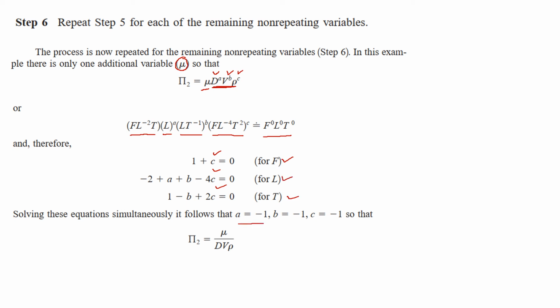We can now form our pi 2. So this is our next pi term, our pi 2 term, and this is it. We got the 2 pi terms that we were actually looking to find.